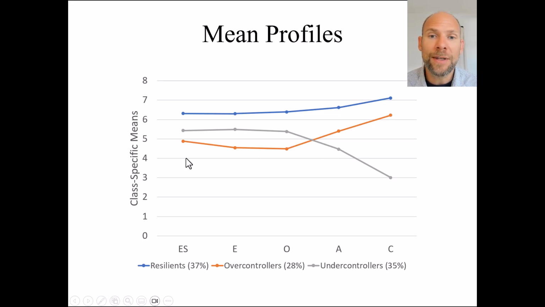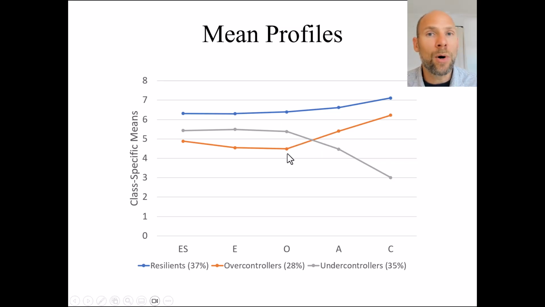Based on these profiles of means, we interpret the profiles. That's to say, what these classes are like and whether there are qualitative differences between them or only quantitative differences, where we would, for example, only have a low, medium, high profile. In this case, it's more complex, where we have some profiles that crisscross.